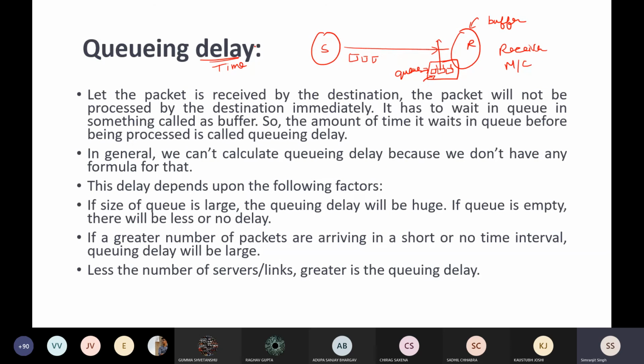Just keep in mind there is something called a queuing delay, but actually we will not particularly use it. Most of the time, if you are solving any question, queuing delay will be 0. But if the queuing delay is given in the question, you can figure it out.